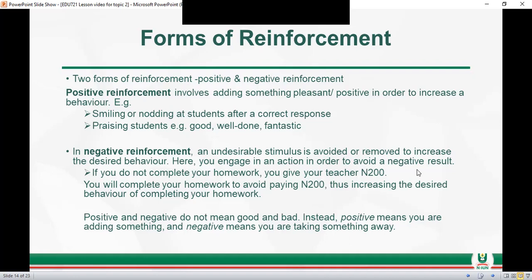Suppose you have a rule in the class that if any student does not complete his or her assignment, that student will pay some amount for the use of the class. I'm not saying you should encourage that, but I'm just using it as an example. So, in order not to pay that amount, the student will want to complete the assignment. You will complete your assignment to avoid paying the 200 naira.